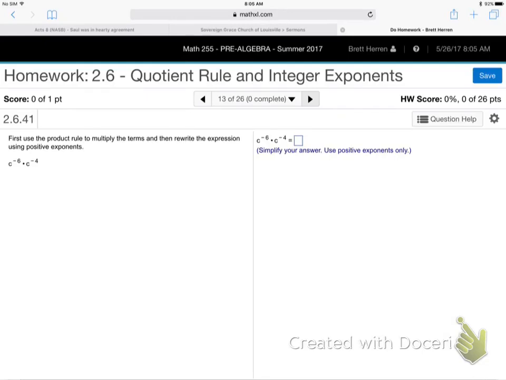All right, so we got c to the minus 6 times c to the minus 4. What are we going to do with those guys? Are those guys happy or unhappy? They're unhappy. They're going to jump to the bottom.